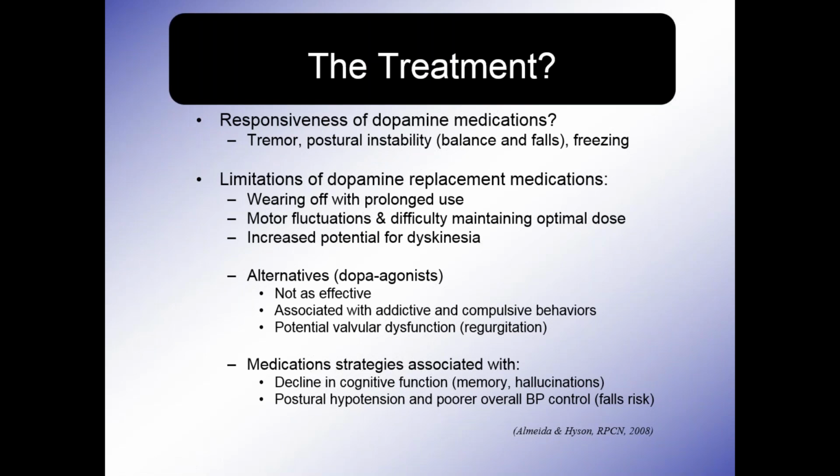As I mentioned, dopamine agonists are not as effective, but they are an alternative to dopamine replacement. In some cases, they have been associated with addictive and compulsive behaviors, and some of them have been already taken off of the market for issues with heart valve dysfunction.